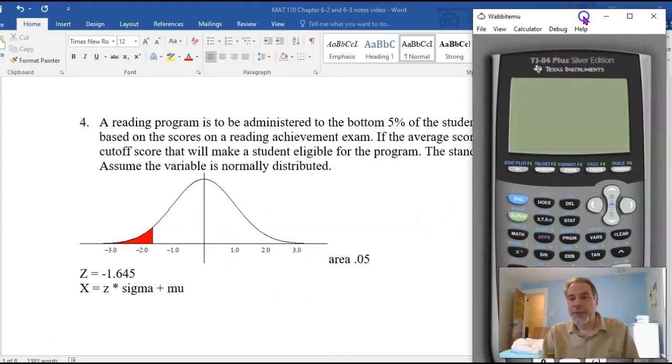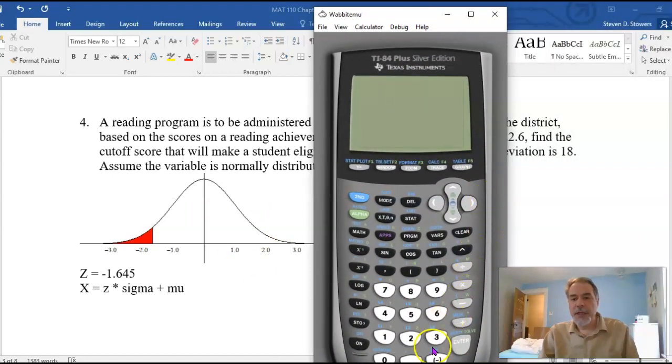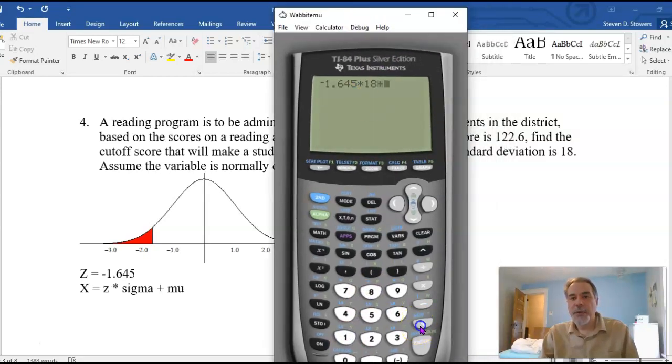Negative 1.645 times 18 plus 122.6 equals 92.99.